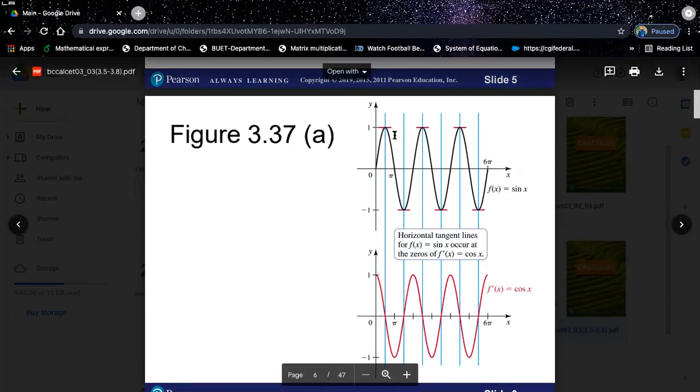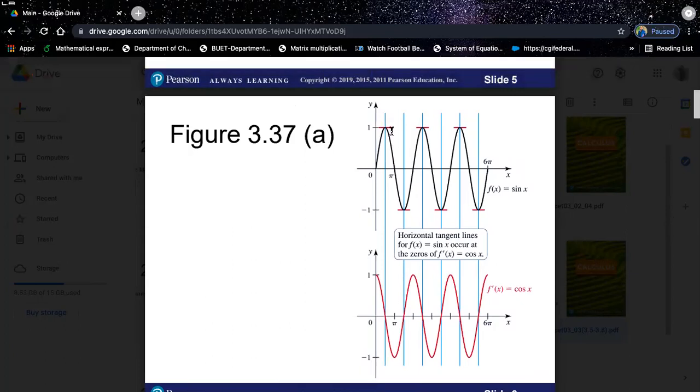And this tangent line is creating, and you might be wondering why, right? I'm actually slowly going there. This tangent line is horizontal, or parallel to the x-axis.